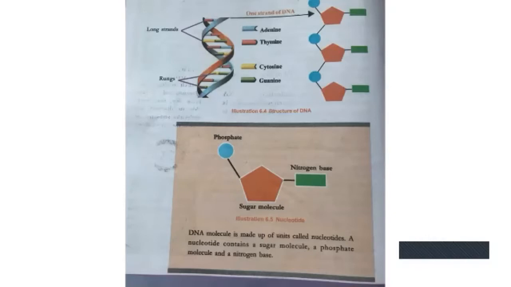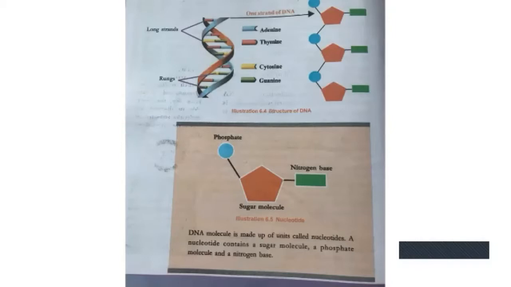If we take one strand of DNA in the picture, you can see a pentagon-shaped sugar molecule, a phosphate molecule attached on one side of the sugar, and on the other side a nitrogen base attached. These three form a nucleotide.